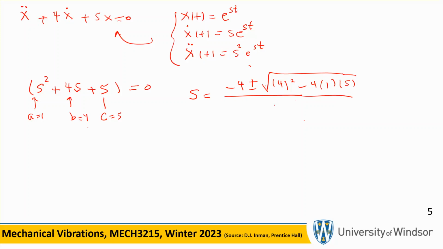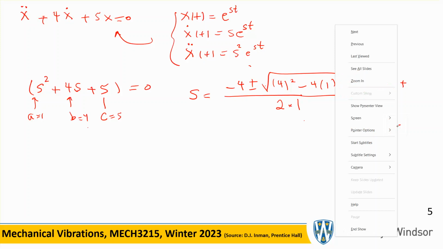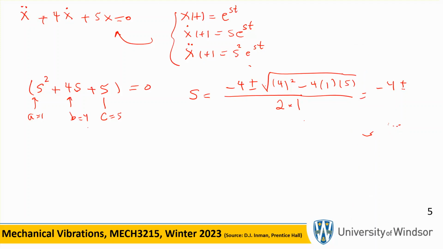over 2 times 1. Now, if you clean this up, you're going to get minus 4 plus or minus. Now, up there, you have 16 minus 20, so it's going to be minus 4 underneath the radical, divided by 2.